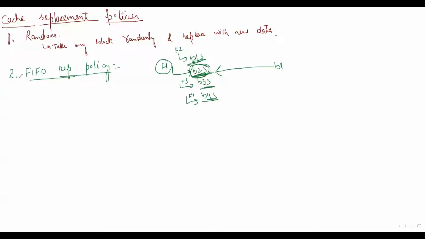But if I am using first in first out replacement policy, whenever I have a new block, I will replace this particular block. I won't care whether my processor is using it repeatedly or not. I am just checking the time when it first arrived. Since it arrived at the beginning, I will replace this. So this replacement policy also has the limitation that in many scenarios it will replace that particular block which is getting used repeatedly.